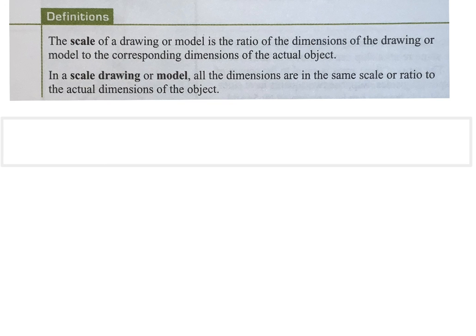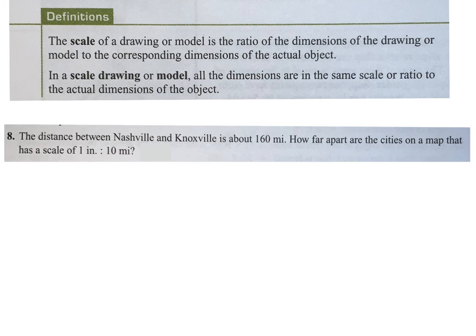So look at the next example. A scale of a drawing or model is the ratio of the dimensions of the drawing or model to the corresponding dimension of the actual object. In a scale drawing, all the dimensions are the same scale or ratio, all right? So we're actually doing one from the work part of this book, not the example itself. The distance between Nashville and Knoxville is about 160 miles.